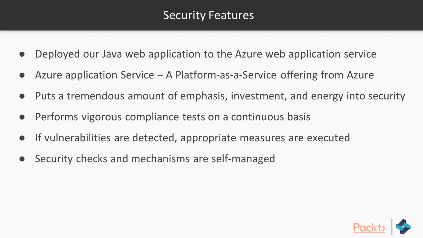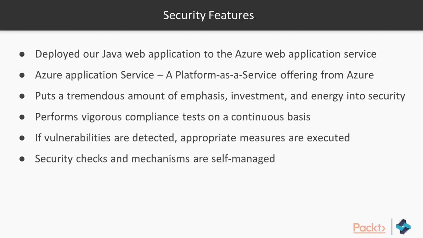Here we have deployed our Java web application to Azure Web Application Service, which runs on Azure App Service. As we discussed earlier, Azure App Service is a platform as a service offering from Azure. Azure, as a major public cloud provider, puts a tremendous amount of emphasis, investment, and energy into security.